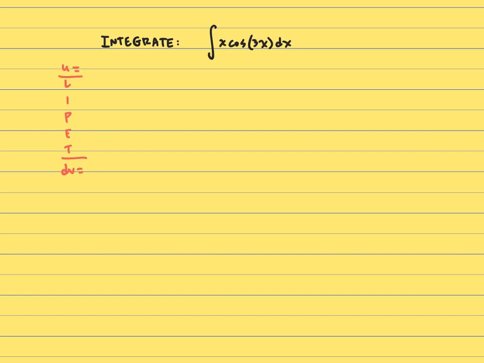All right, so I've got x as being the polynomial function. And I've got cosine 3x, so it looks like that'll be a trig function, and I'm going to tag on the dx onto that one. Okay, so I know that u equals x and dv equals cosine of 3x dx.